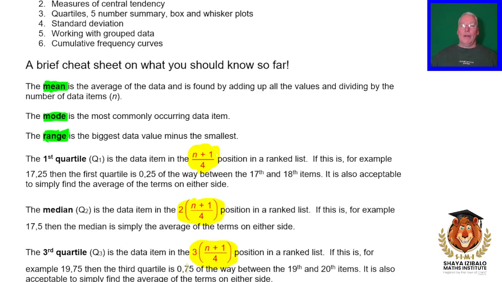If it turns out that they don't end up on a whole number, for example, you end up with the 15 and a half term, then we just average the ones on either side. Even if it worked out to the 19 and a quarter, let's say the third quartile was in the 19 and 1/4 position, we just average the 19th and the 20th.